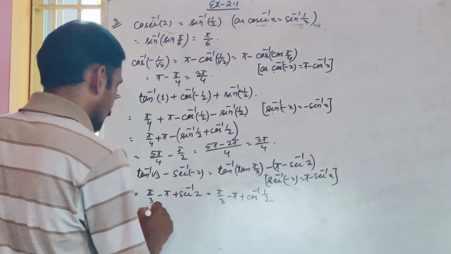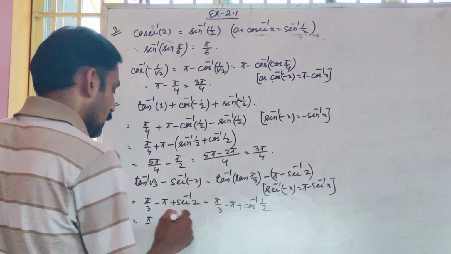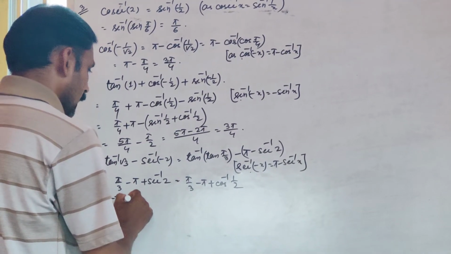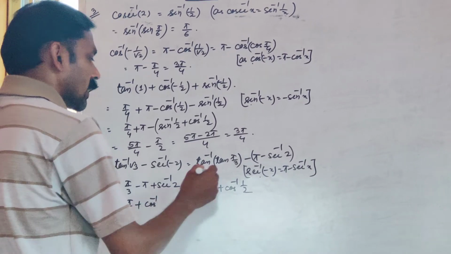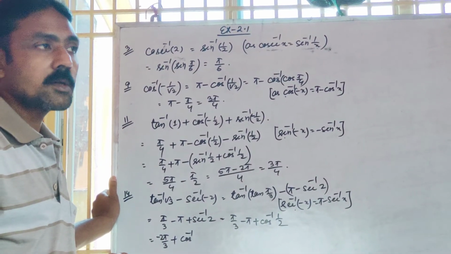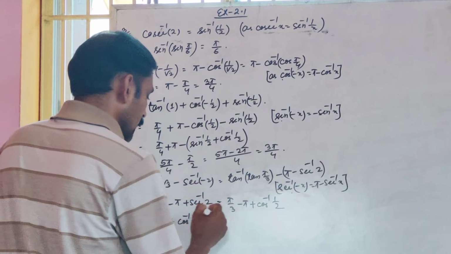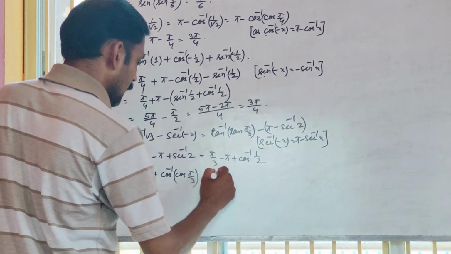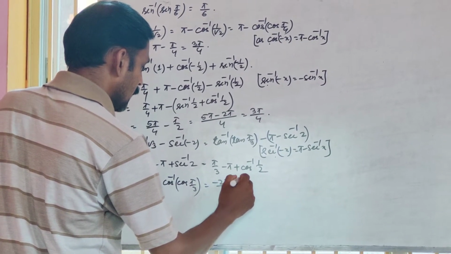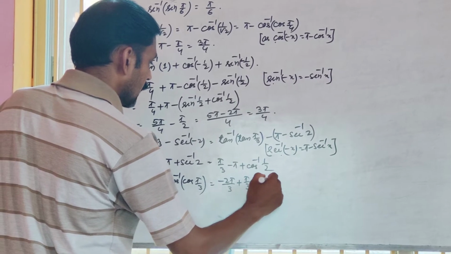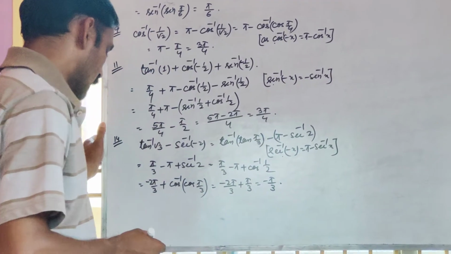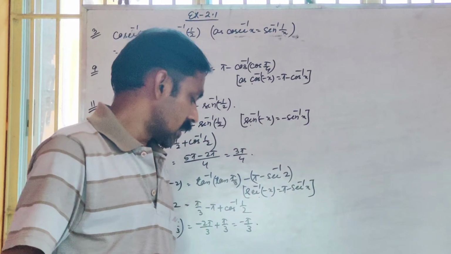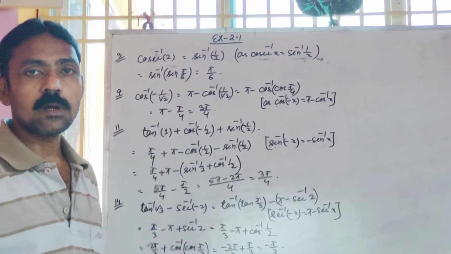So pi by 3 minus pi will be minus 2 pi by 3, plus cos inverse 1 by 2. 1 by 2 is cos 60 degree, that is cos pi by 3. So minus 2 pi by 3 plus pi by 3 is equal to minus pi by 3. So this is all about exercise 2.1. Other questions you solve, and if any doubt is there, you can ask.